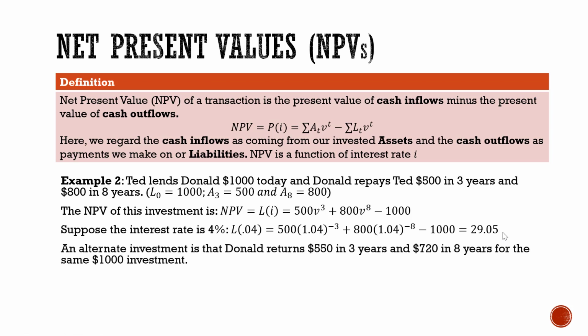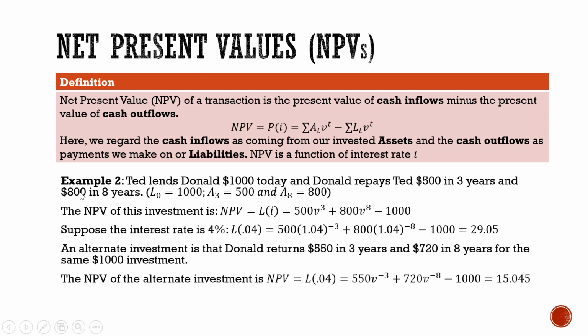An alternate investment is that Donna returns $550 in 3 years and $720 in 8 years for the same $1,000 investment. So here we choose a different payment plan. That is, Donna returns $550 in 3 years, not 500. And at time 8, she returns $720 instead of $800.